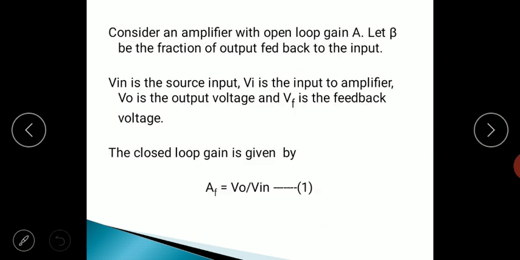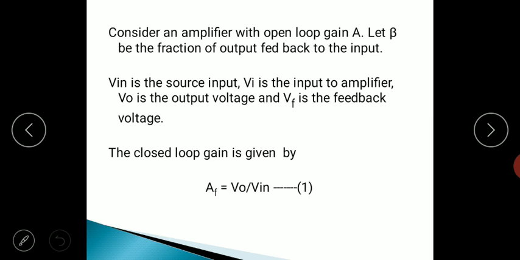So we'll start. As I already told, consider an amplifier with an open loop gain A, and let beta be the fraction of output fed back to the input. Now let Vin be the source input, Vi the effective input applied to the amplifier, V0 the output signal, and Vf the feedback voltage or feedback signal.